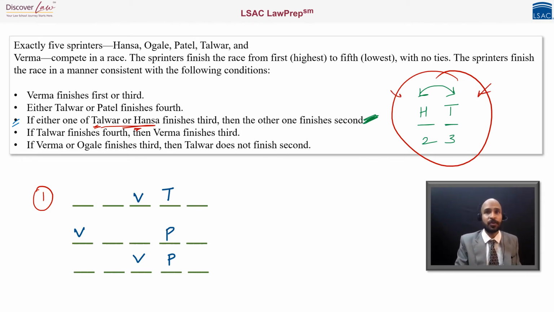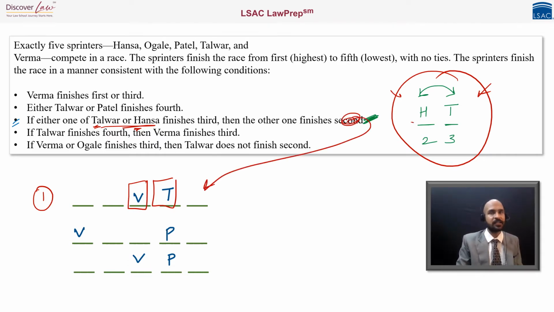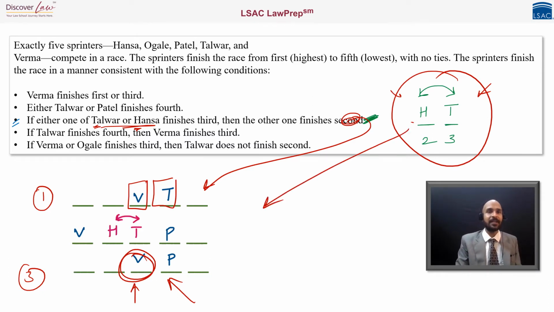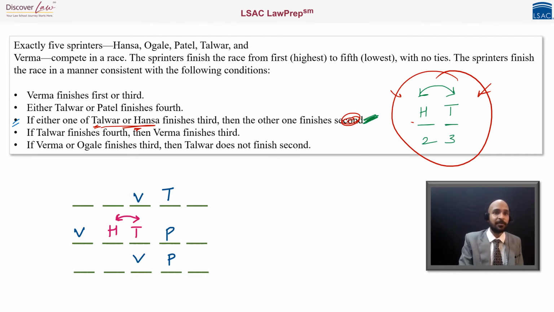No, because you have Talwar in position 4 and you have V in position 3, which means basically this rule cannot apply in this case. Where could it apply? Do you think it could apply in this case here? No, it cannot apply in the third case either, because you see the third position is occupied by V, which means there's only one place where this can happen, and we can fit that into our diagram. It can happen only in the second case, right? So we've been able to add something more based on this rule into our diagram.